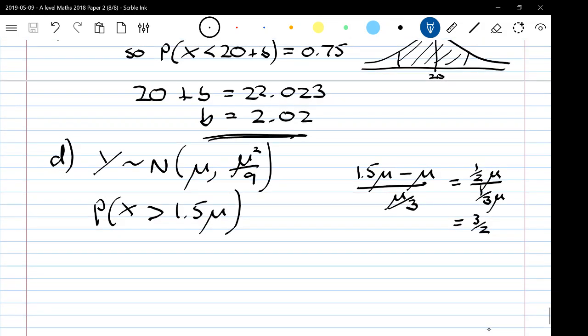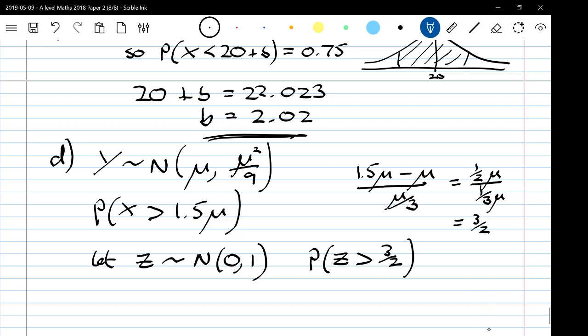So what this is actually saying is that Z is normally distributed with 0 and 1, and we want the probability that Z is greater than 1.5, greater than 3 over 2. That's what we're after.